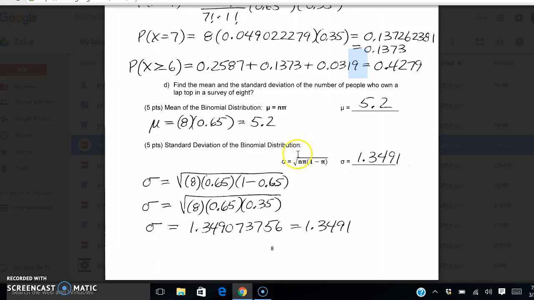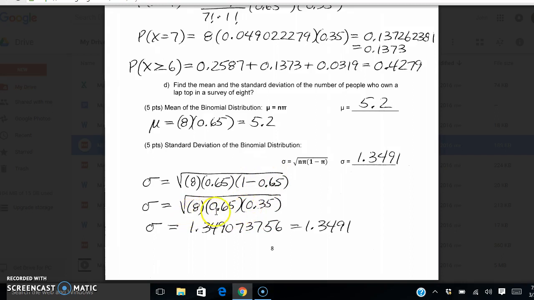The standard deviation is this formula right here, the square root of n times pi times 1 minus pi. So here you see how the calculation is done. We have n is 8, pi is 0.65, and 1 minus pi is 1 minus 0.65, which gives 0.35 here.